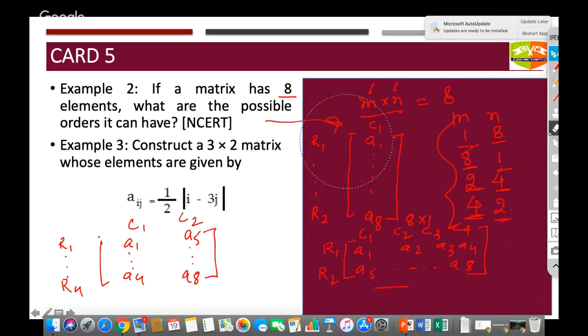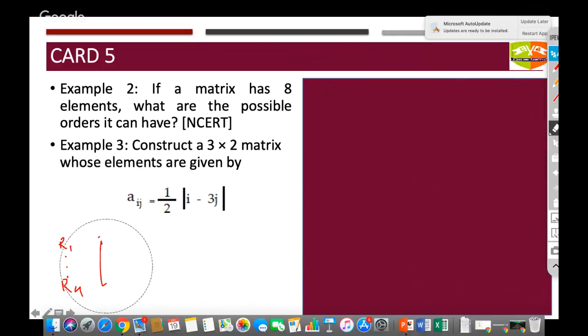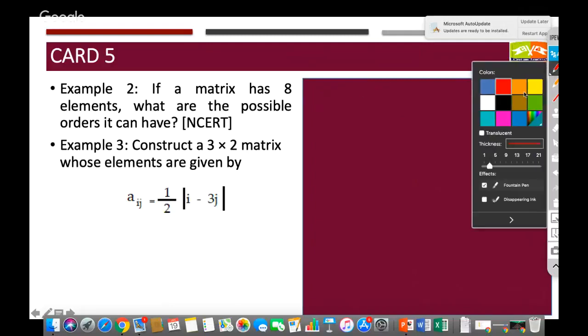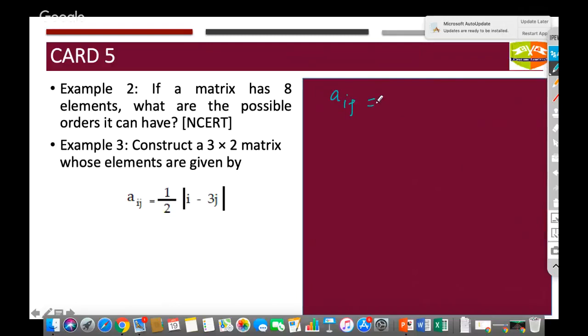Now let me go to the third question, and third question is primarily based on application of what we have studied till now. So it tells me that we have to construct a 3 into 2 matrix whose elements are like this. So what I'm doing over here is I'm writing aij is equal to 1 by 2 modulus of I minus 3j.